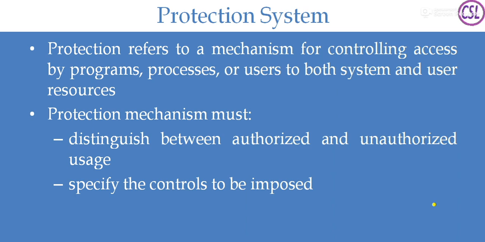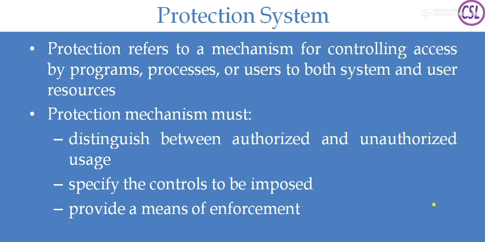But normal users can only access the data. So this can be assigned even at file level or at the system level also. Even for a file, you can make the user read that file only, not update. Okay, like that you can maintain the controls and provide a means of enforcement.